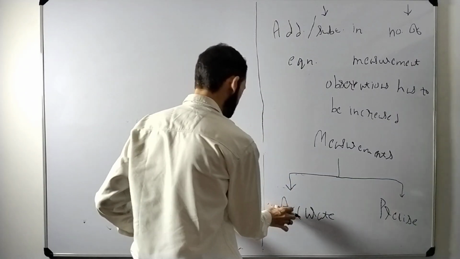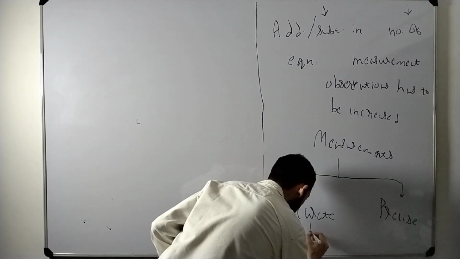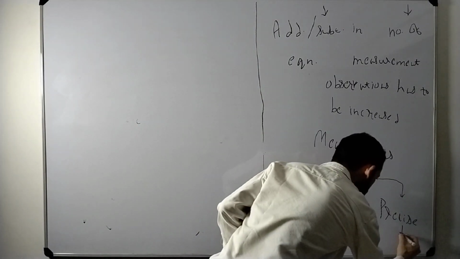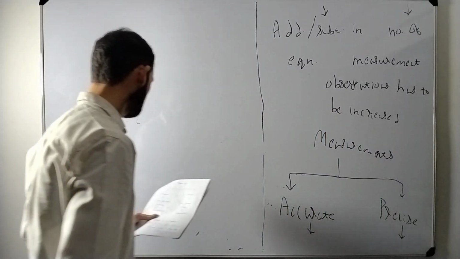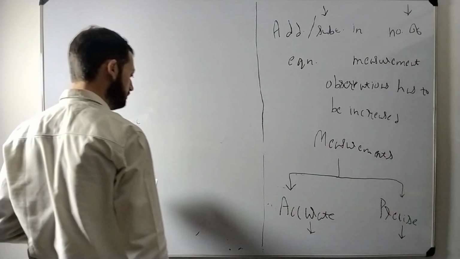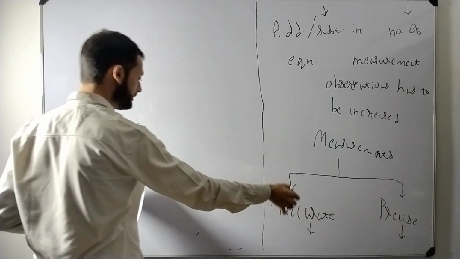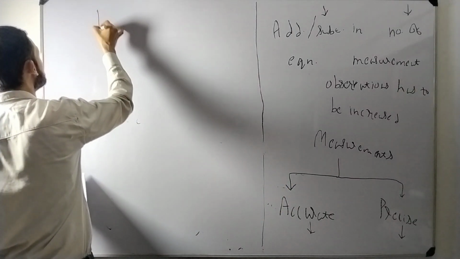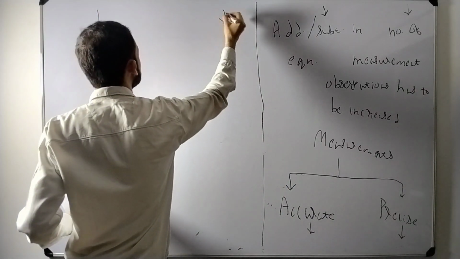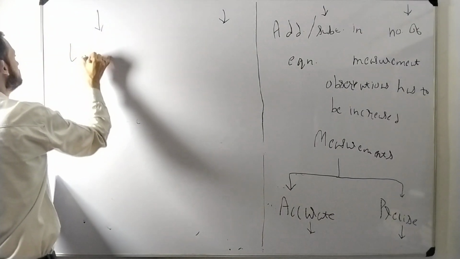So what is the meaning of accurate measurement? Low systematic error.